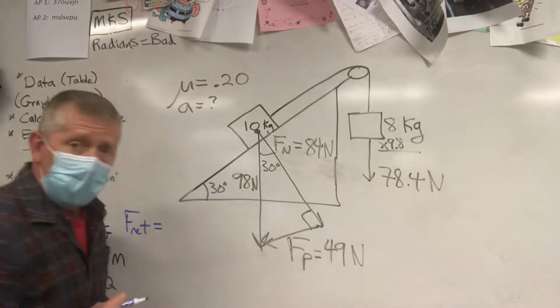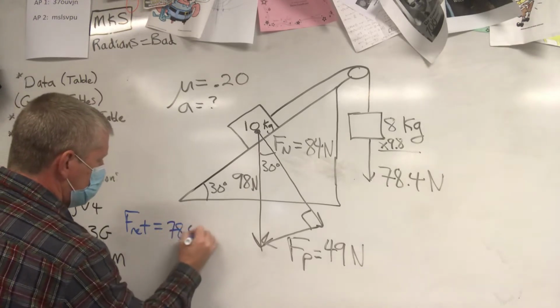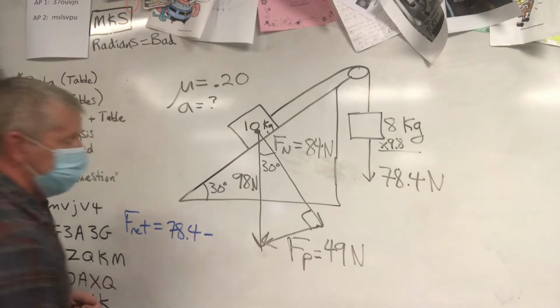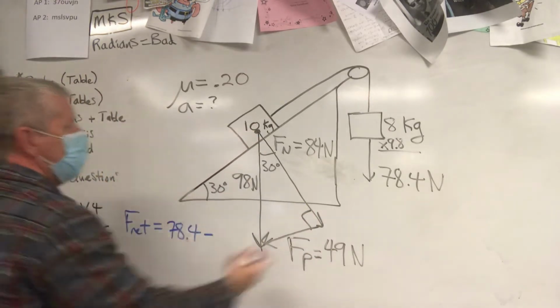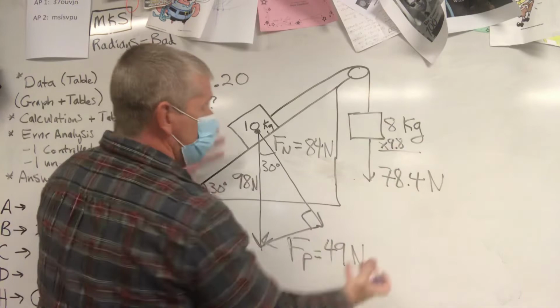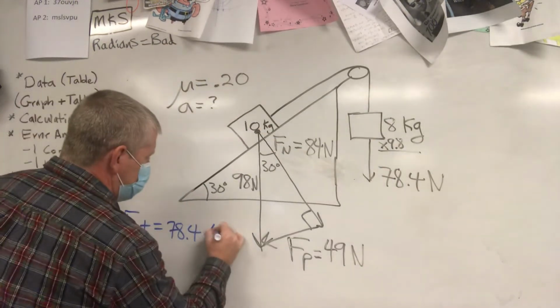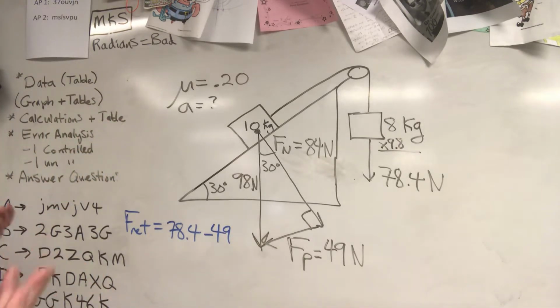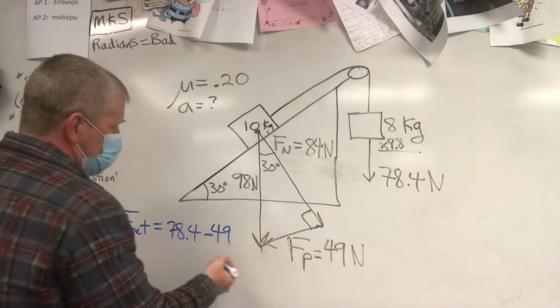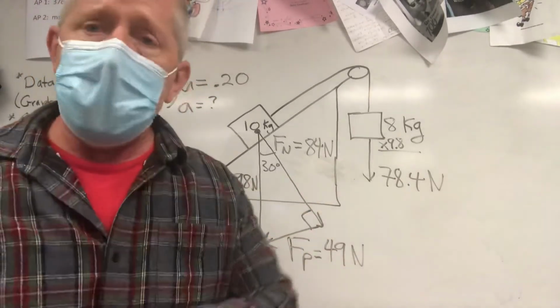So the winner is 78.4, minus the loser, 49, trying to say, no, go down the incline. No, come with me. Mama and Papa are fighting here. Mama's winning. So minus 49. Now you might say, all right, just subtract those, and it's game over, right? Well, subtract those, and we'll set that equal to MA. Problem solved.